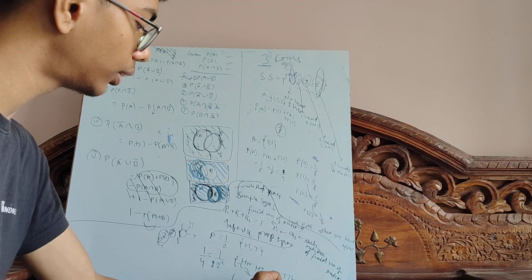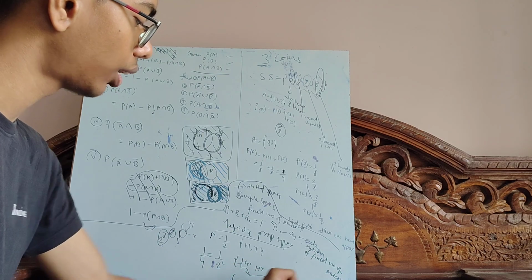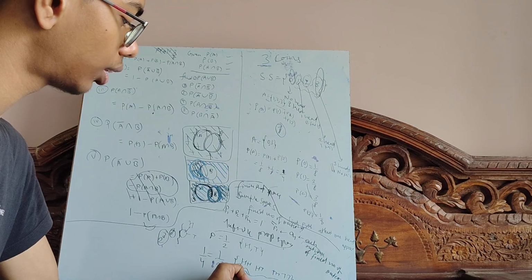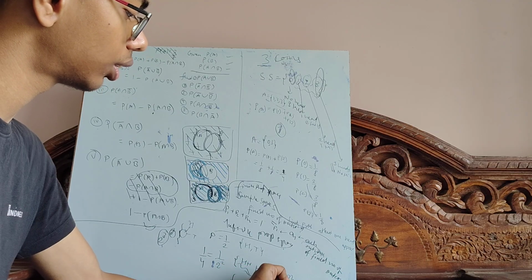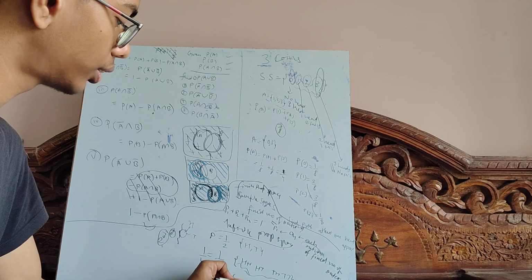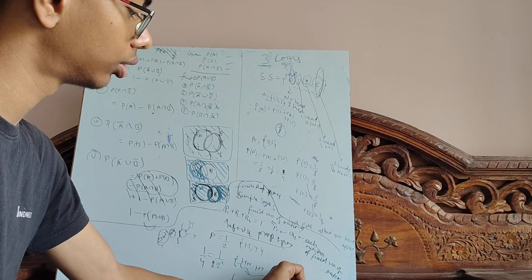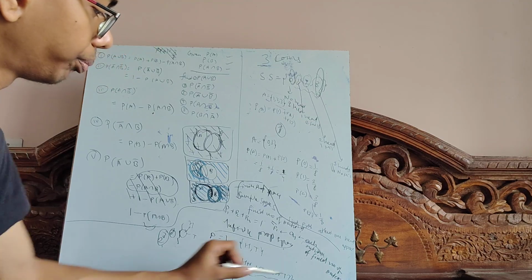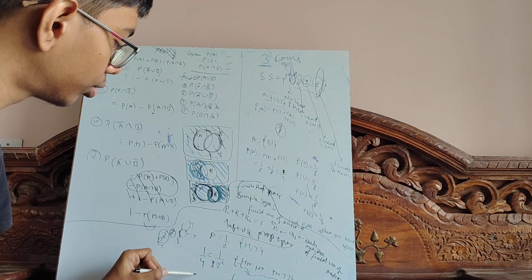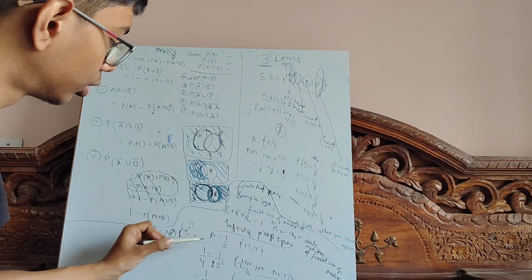So I will simply write H here 4 times, tail here 4 times, and then H tail tail H tail tail, and then H tail H T, right? So here it will also be 1/8, right?